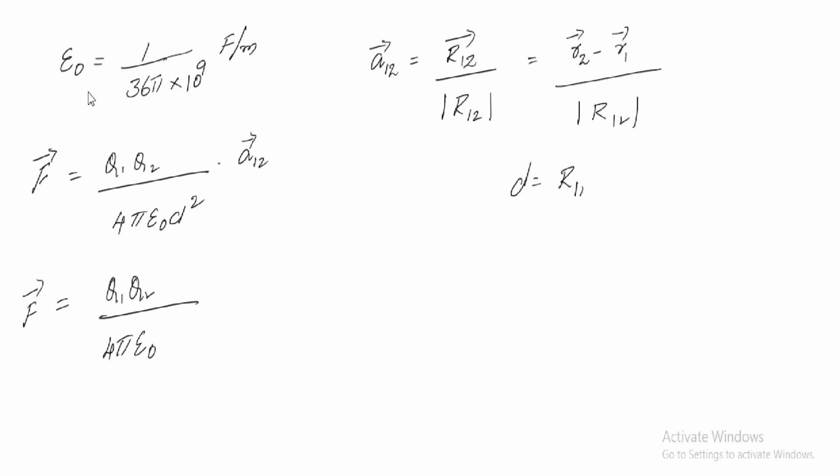R12 is nothing but the distance vector between them. So d is mod of R12 whole square, and the unit vector can be replaced with R12, the distance vector, by mod of R12. So this is Coulomb's law.